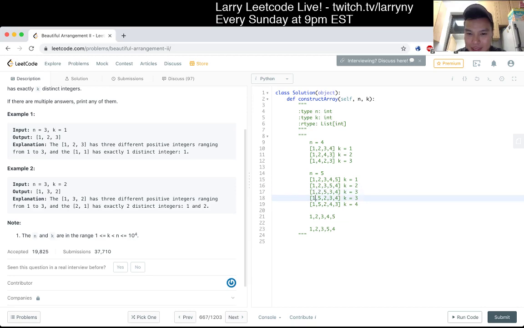There are some interesting things around this, because for k equals 2, you want the first difference to be 2, right? And for k equals 3, you want the first difference to be 3.